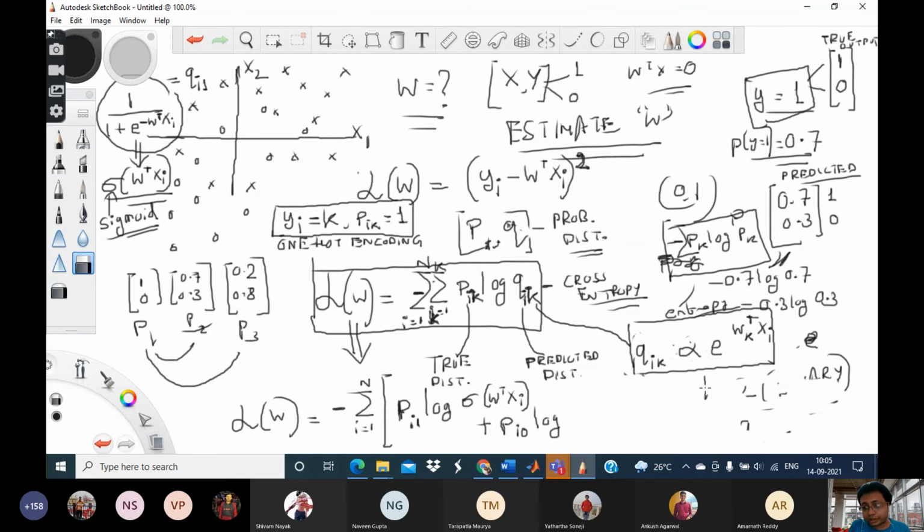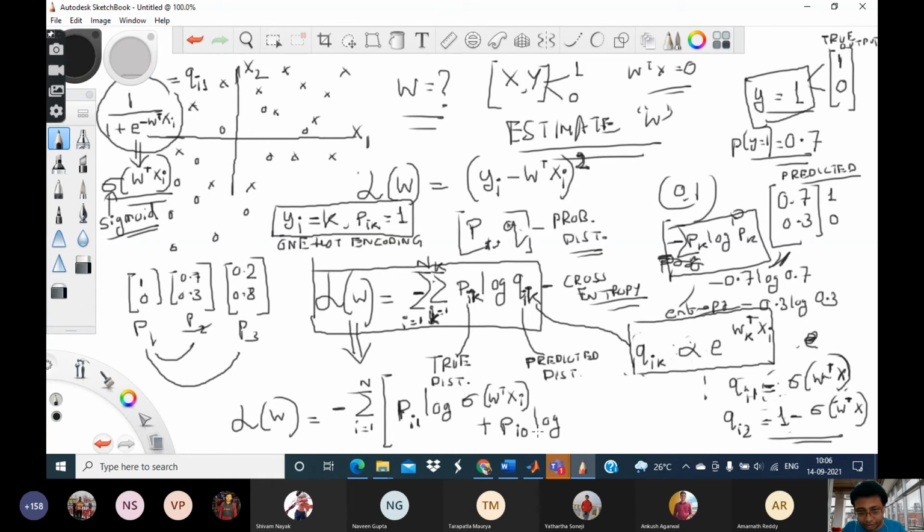So 1 minus q, exactly. qi1 is the sigmoid of W transpose X, and qi0 has to be 1 minus sigmoid W transpose X, right?